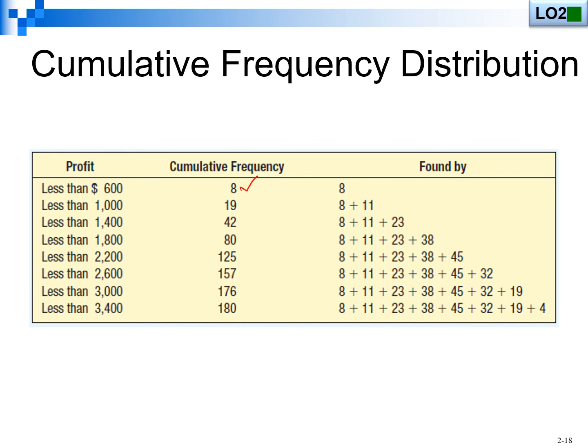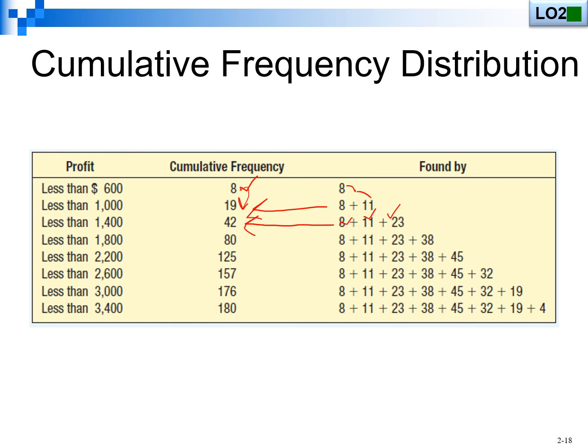But basically what you do is you start with the first one. The frequency is 8. Okay, and then when you go to the second category, all you do is you keep adding the next layer. So if the first category was 8 and the second category was 11, you would have taken 8 plus 11 and that would have given you 19. Okay, and then you basically keep adding on a layer. So the next one was 23, so we would have had 8 plus 11 plus 23 would get you to 42.